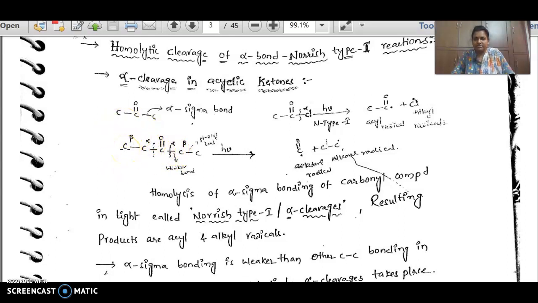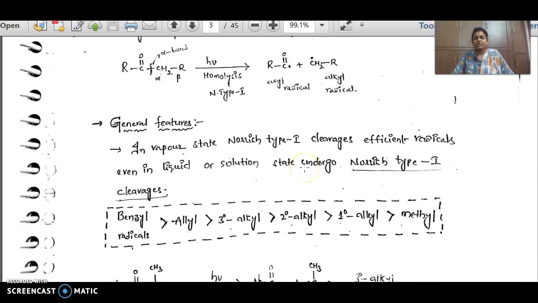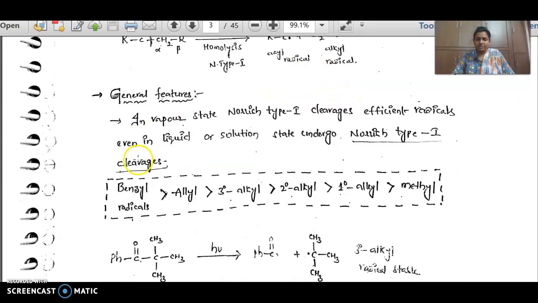In that case it is regioselective. These reactions are sometimes regioselective. Mainly, Norrish type 1 reaction means alpha cleavage of a carbonyl compound, resulting in an acyl radical and an alkyl radical.